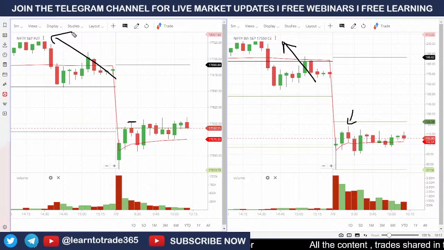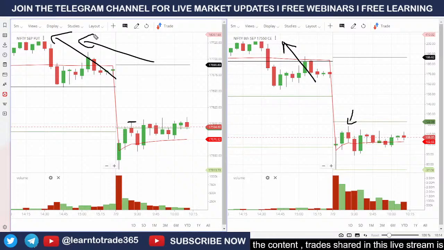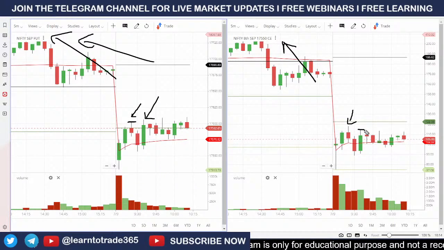I think I have already shared on Twitter how to look at option decay, but still I will be explaining it again here. This was the first time Nifty made a high here; the option also made a high. The second time Nifty made a high on the same candle, the option was more than 1 to 2 points different. There was no high made here.